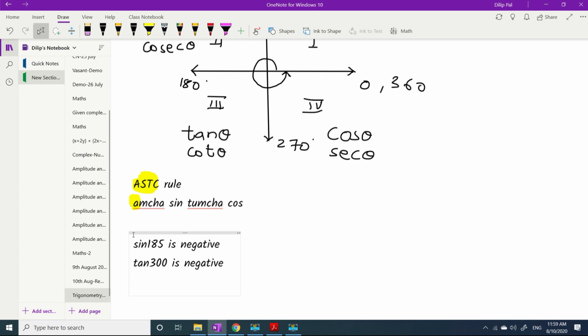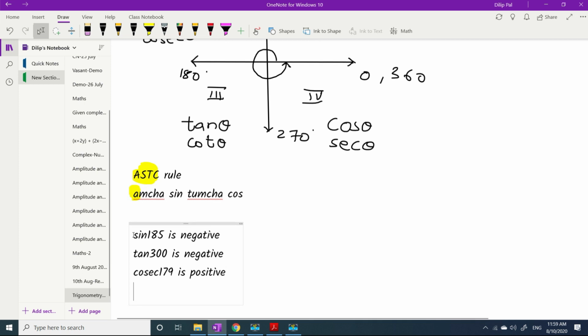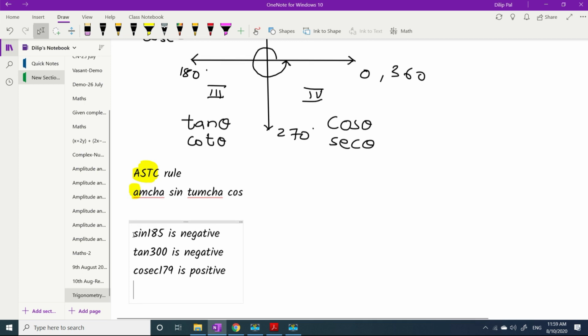Okay, now the next question. What about cosec 179 degrees? Is it positive or negative? Obviously, it is going to be positive. In this way, we have to give the various answers.